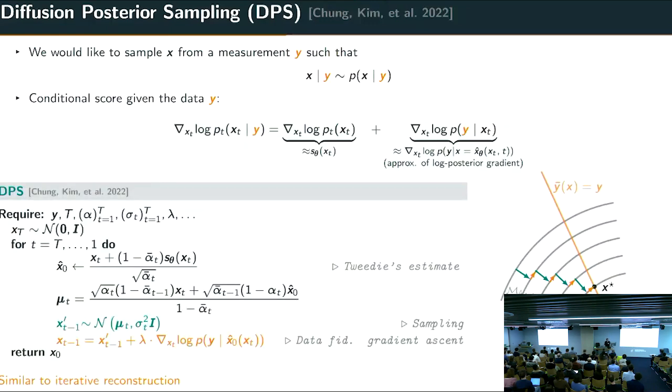And then we have this algorithm DPS that we saw yesterday, diffusion posterior sampling. On one hand, we've got the score that pulls toward the data manifold, and then we've got this conditional score that pulls the estimates towards data consistency at each iteration. And when we look at this algorithm, we see it's very similar to a standard iterative reconstruction for variational methods.